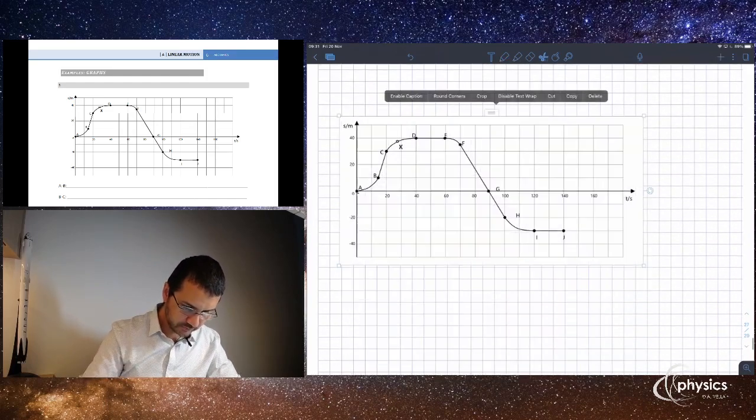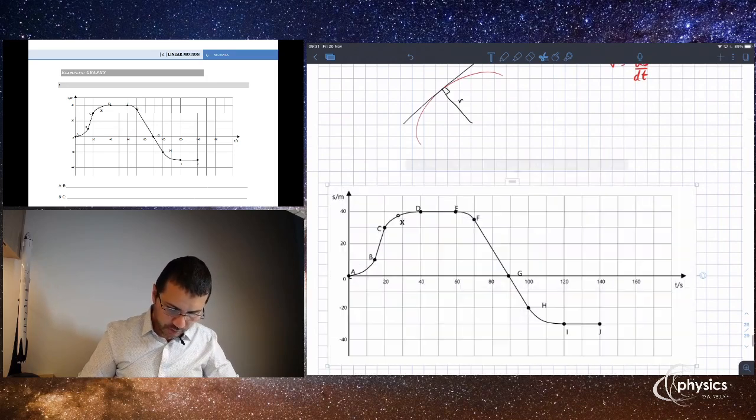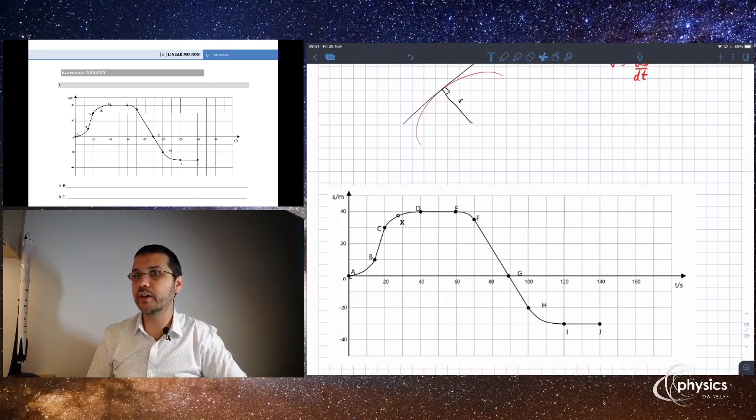Okay, now in page 6 we have this graph, and we're going to practice a little bit to interpret the different parts of the graph. Now, this is a very complex graph.